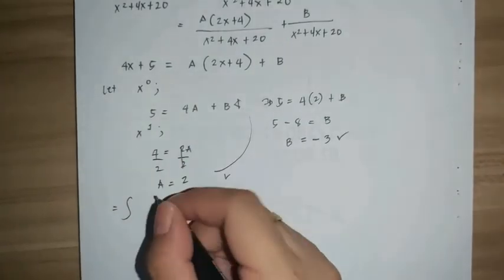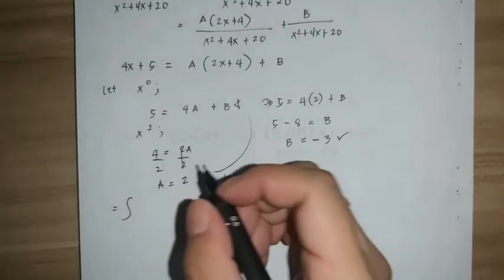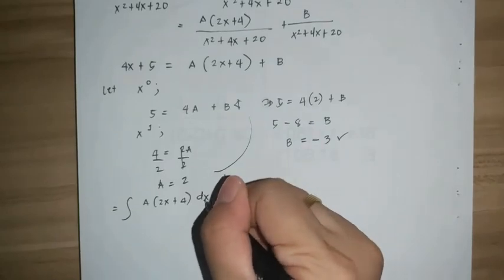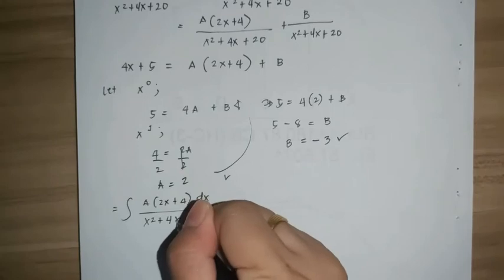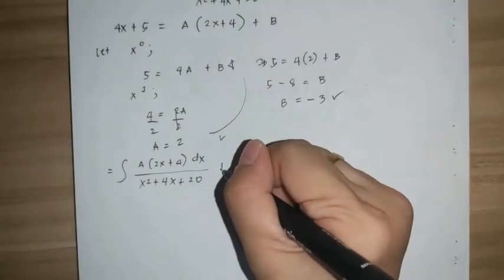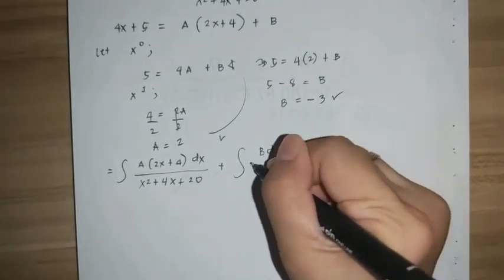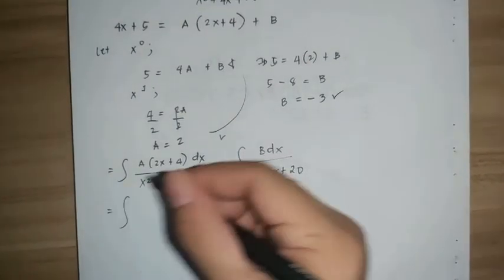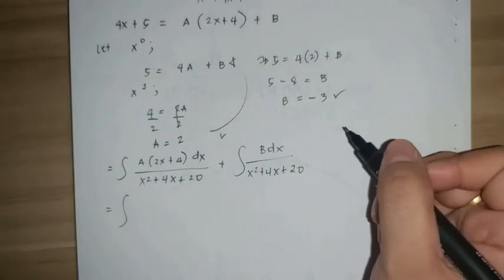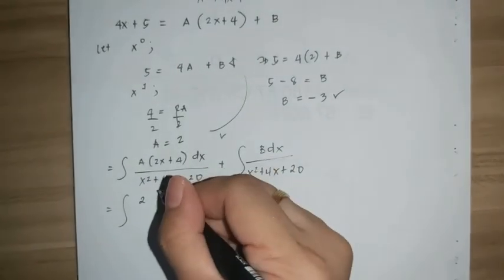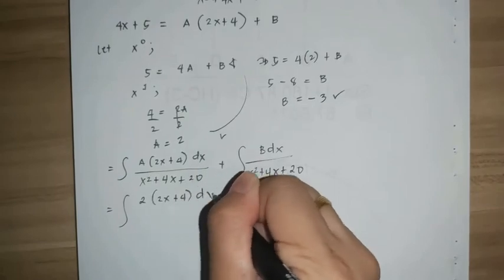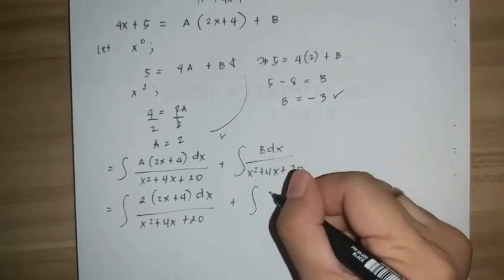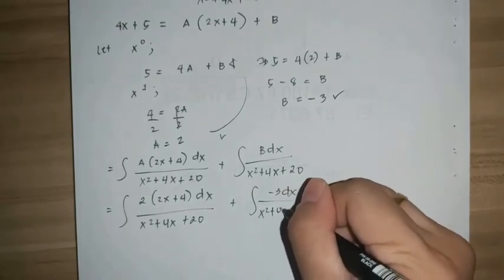We have the integral of A times (2x + 4) dx over x squared plus 4x plus 20, plus the integral of B dx over x squared plus 4x plus 20.